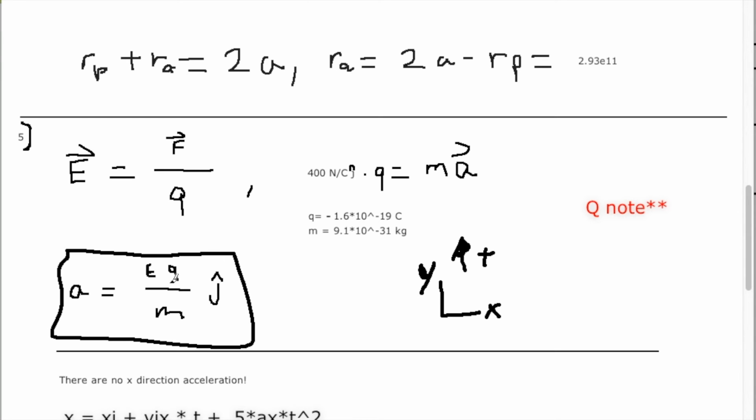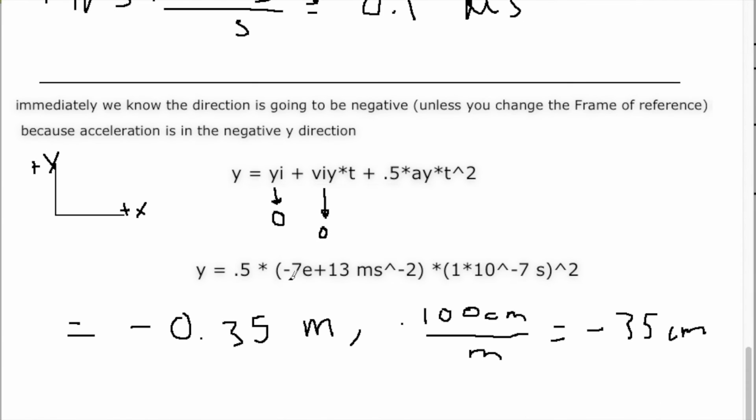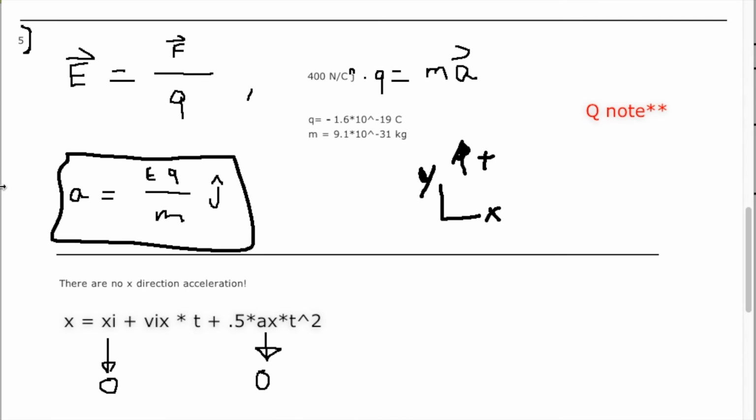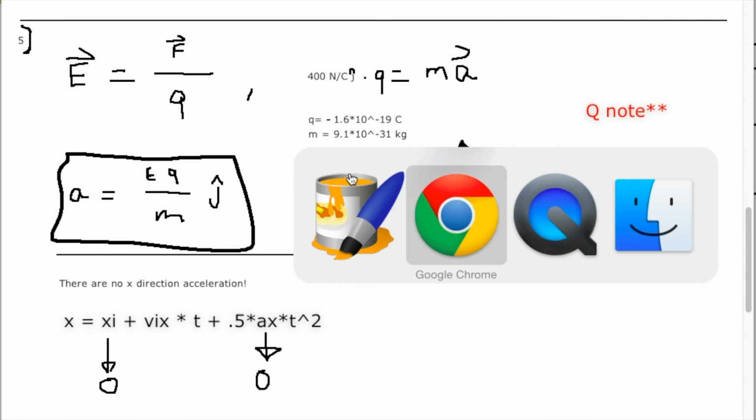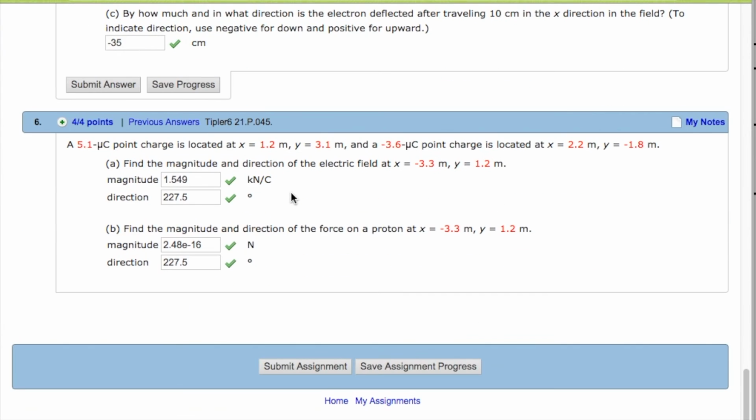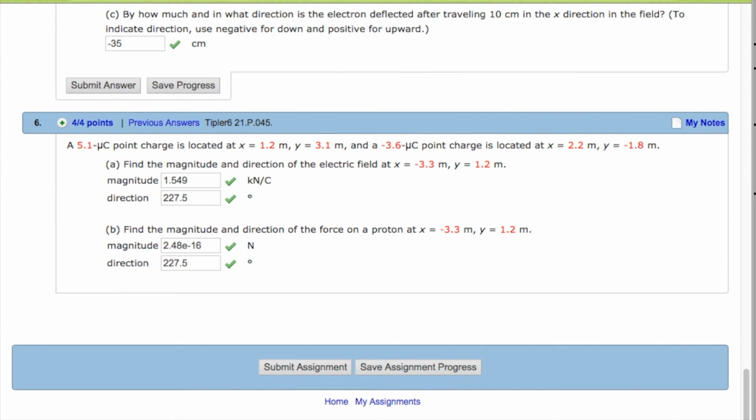And you can just use this formula actually. So then we know the acceleration, and we know the time squared, and then we'll get this y, how much it travels. And then I think it asks for the answer in centimeters. Multiply by the ratio, 100 centimeters a meter, you'll get how many centimeters. And 35 centimeters in the negative y direction because the electron has a negative charge, which made its acceleration in the other direction. Yeah. So, question number 6, part 1, here.